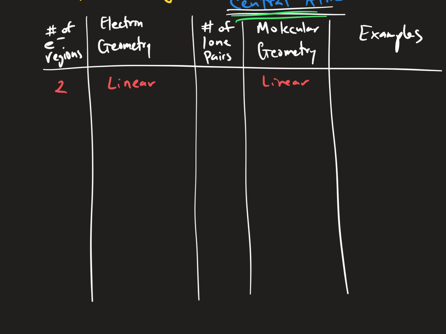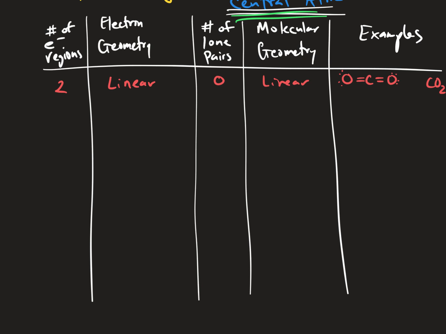If we have 0 lone pairs, then it's going to look like carbon dioxide. And if we draw the structure, in fact, it's going to look something like this, right? Any questions on how to draw the structure?